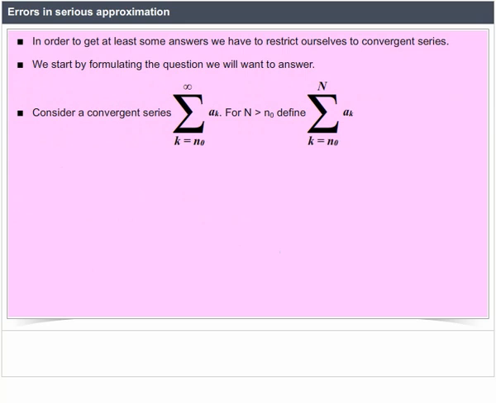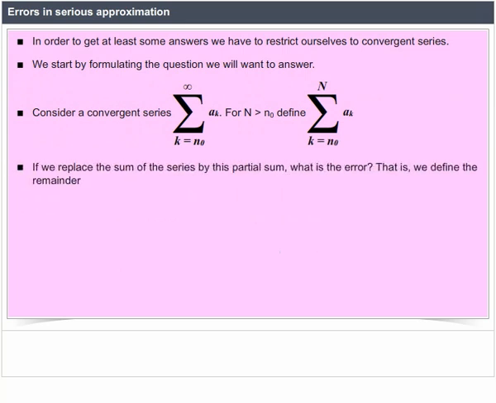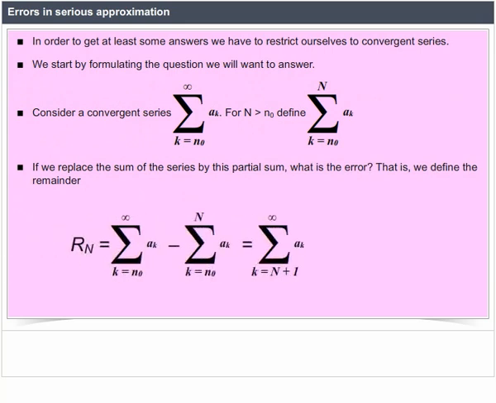For n greater than n naught, define summation k equal to n naught to n a_k. If we replace the sum of the series by this partial sum, what is the error? That is, we define the remainder R_n equal to summation k equal to n naught to infinity a_k minus summation k equal to n naught to n a_k equal to summation k equal to n plus 1 to infinity a_k.